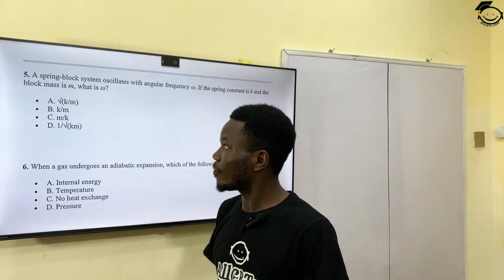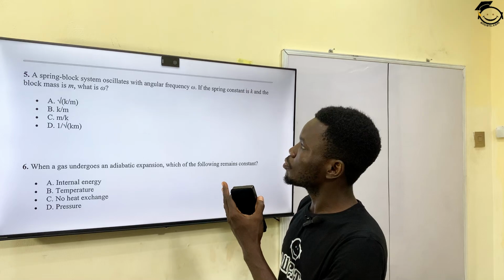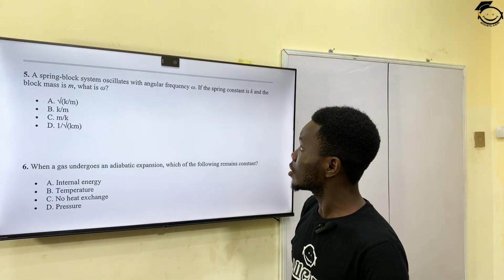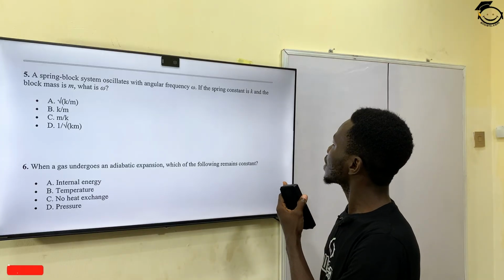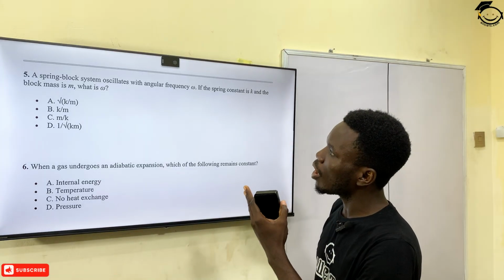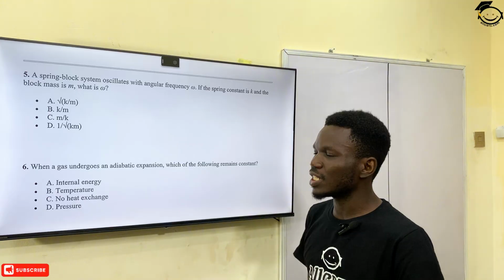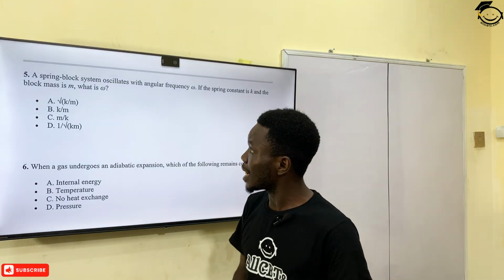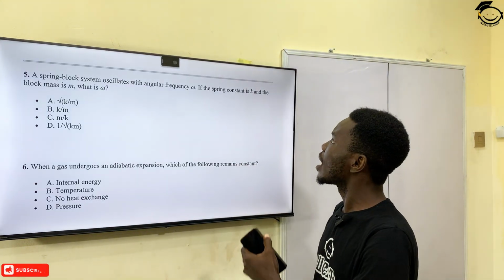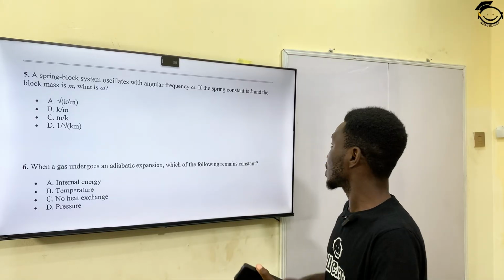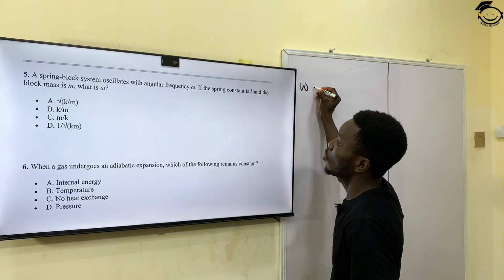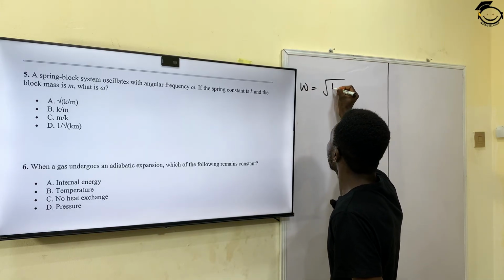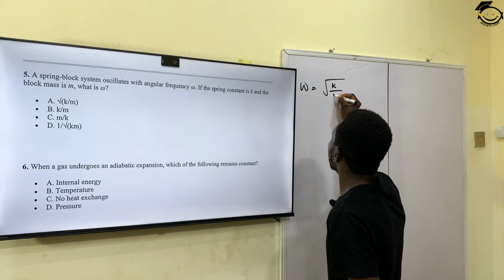Moving on to question number 5, it says a spring block system oscillates with angular frequency omega. If the spring constant is k and the block mass is m, what is omega? And we know that omega, which is our angular frequency in simple harmonic motion, is equal to the square root of the spring constant over m.